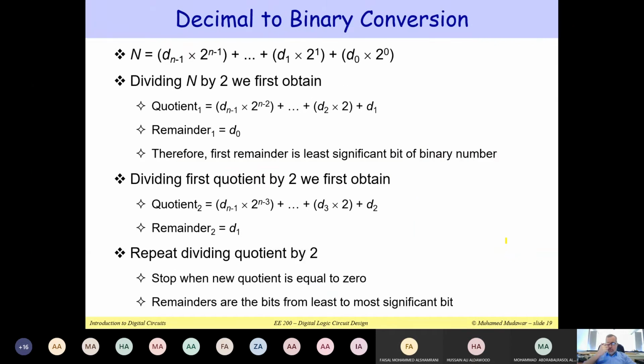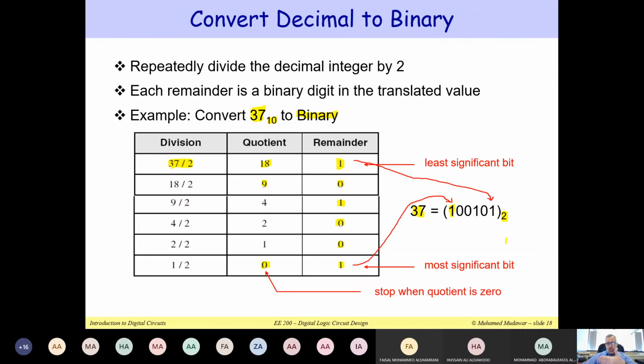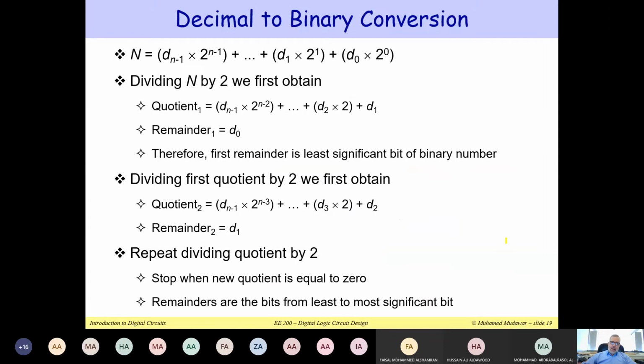So why does this procedure work? Here I showed you the method: you divide by 2 and look at the remainder. Remember that if you have a number n in decimal and you would like to convert it to binary, I can write n as d_(n-1) multiplied by 2 to the power n minus 1, all the way to d0 multiplied by 2 to the power 0.